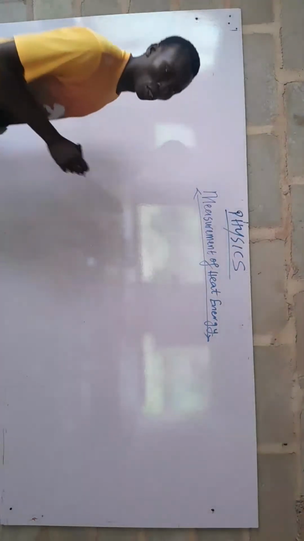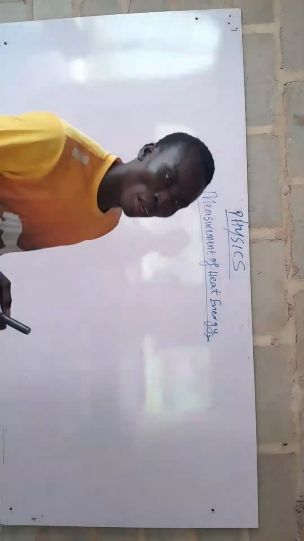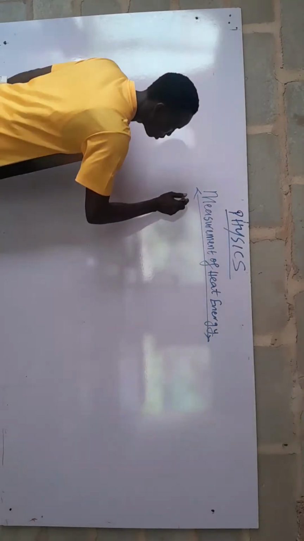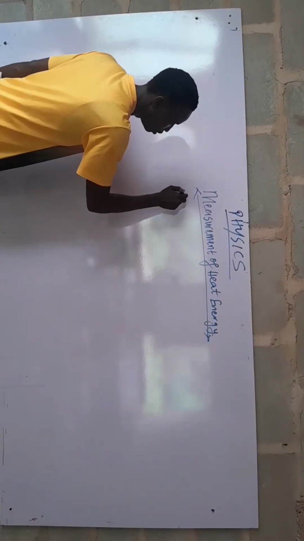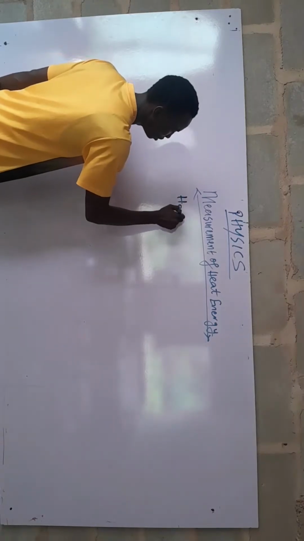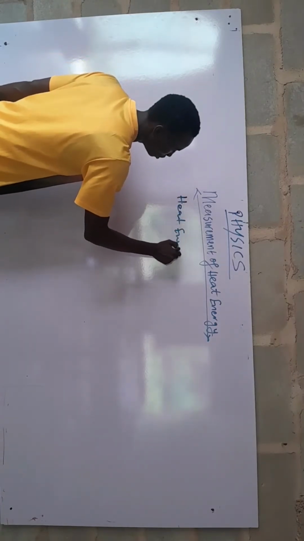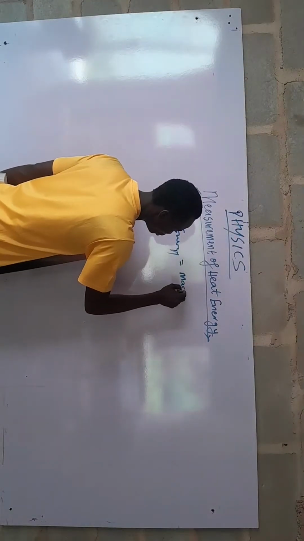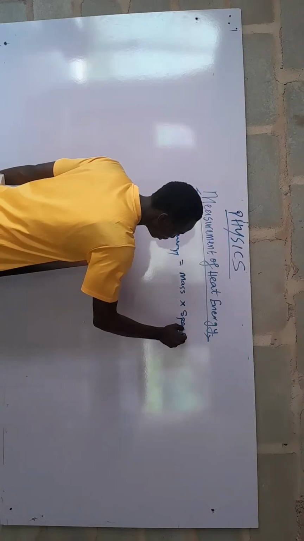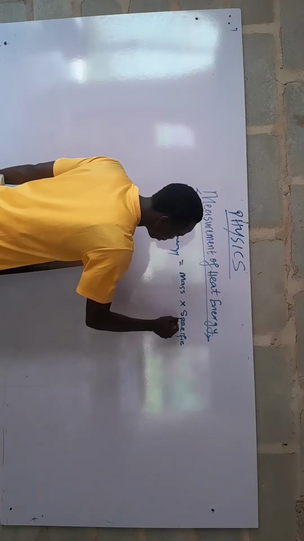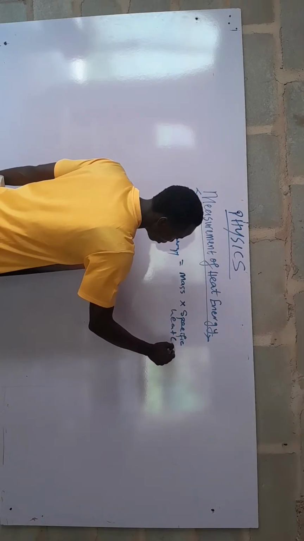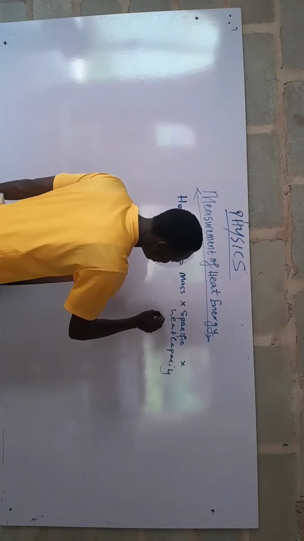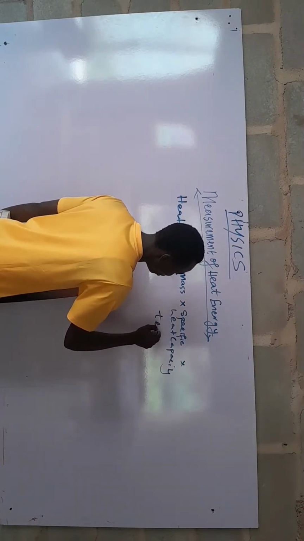Our topic is the measurement of heat energy with respect to what we call specific heat capacity, where the heat energy is equal to the mass times the specific heat capacity times the change in temperature.